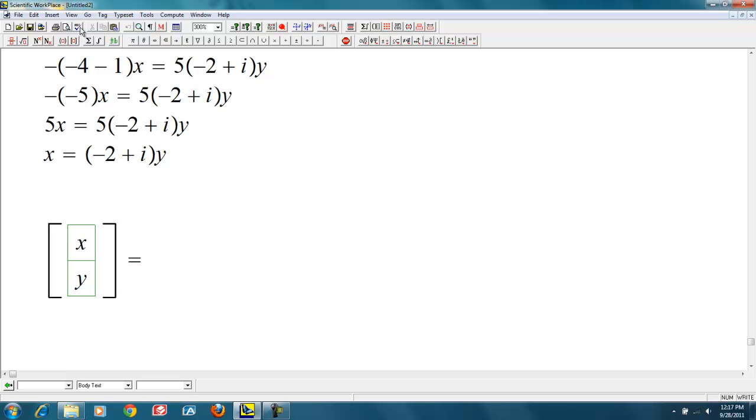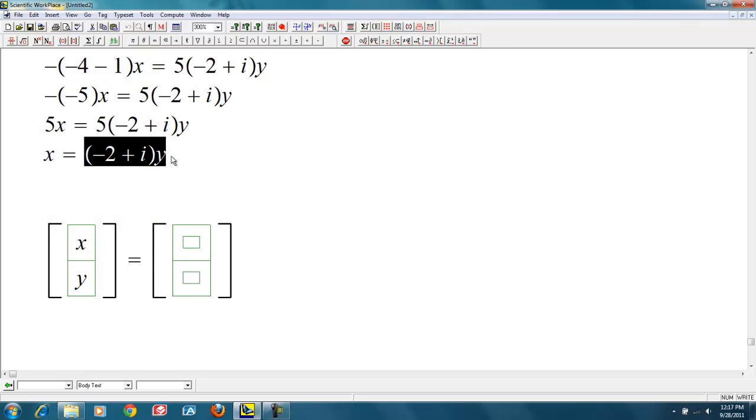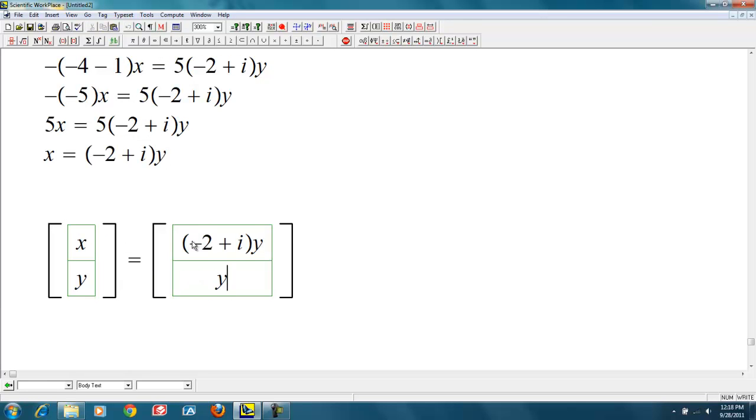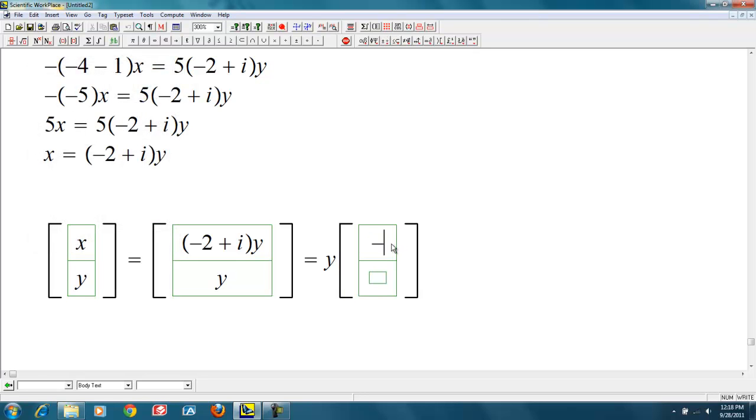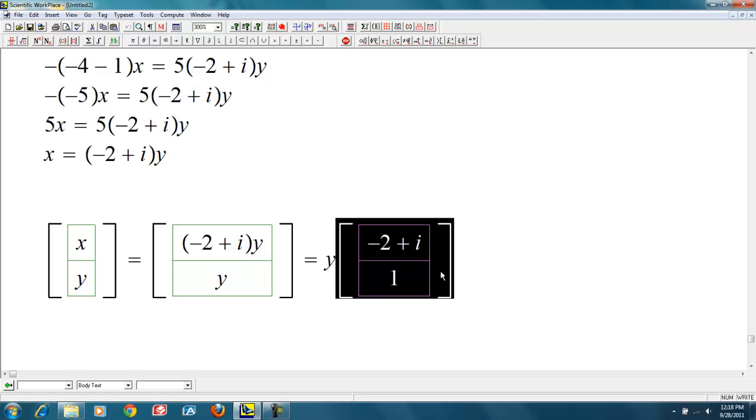So instead of x, I can write this, and then I have a y, right? So then I have a y here, and then i and 1. I just factored a y out, right? Okay, so what do you get?